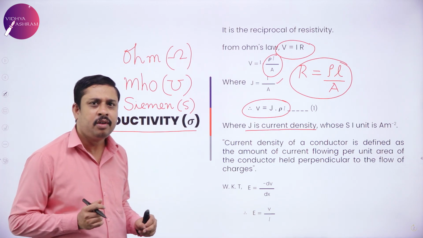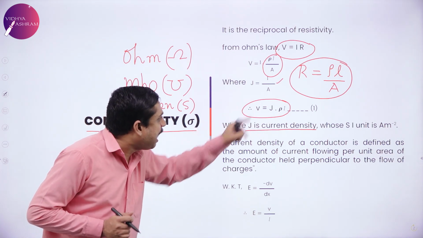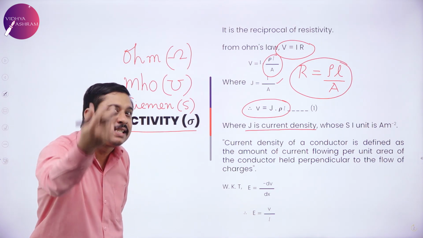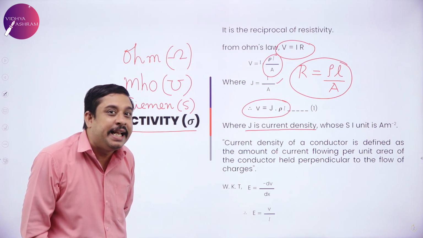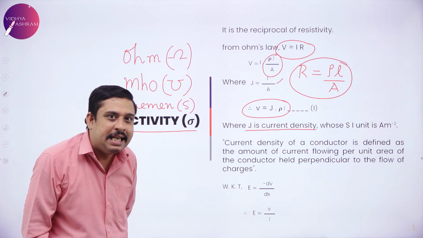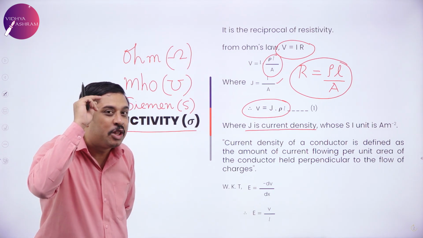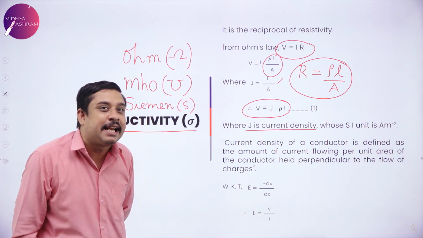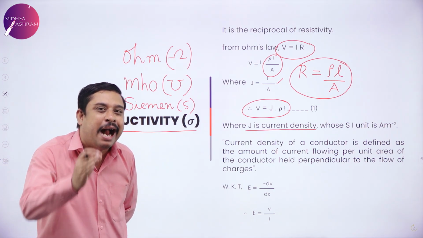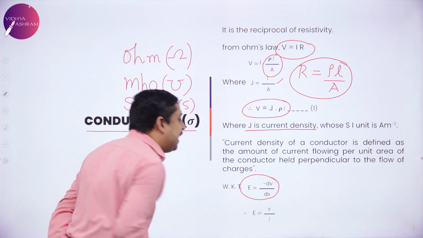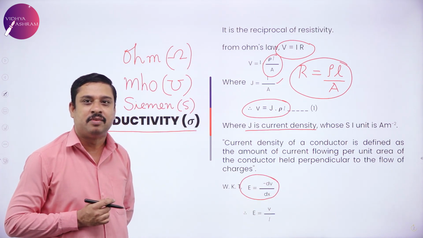Now, the moment I have potential, what is the next term I am equating it with? Nothing but electric field, field strength. What is the relationship between them? Once I told you E is minus dV by dx.